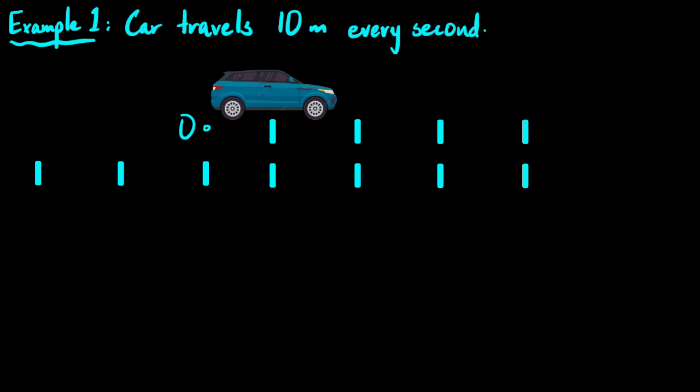So what we need to do is draw a table of how the distance is changing and how the displacement is changing. So distance and displacement, how are they changing with respect to time?